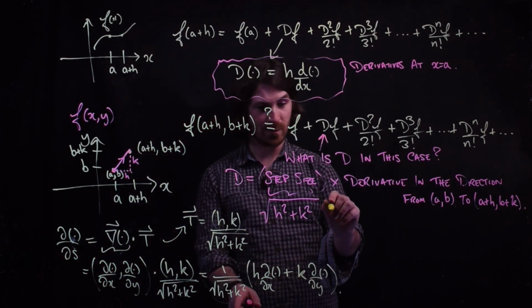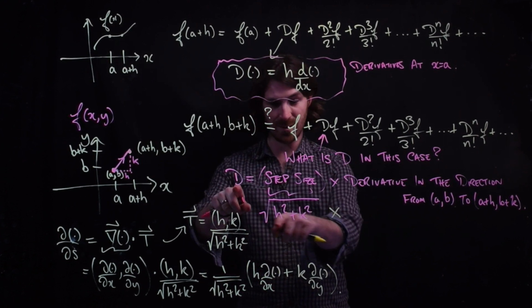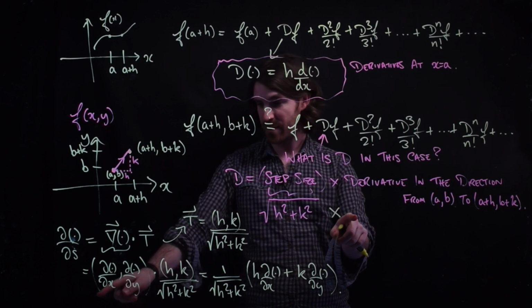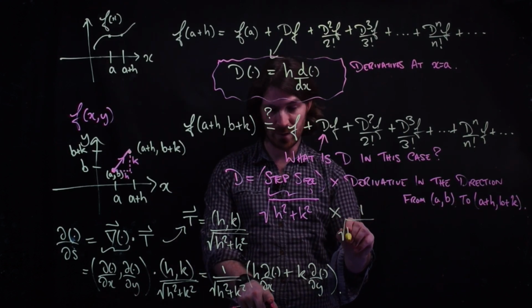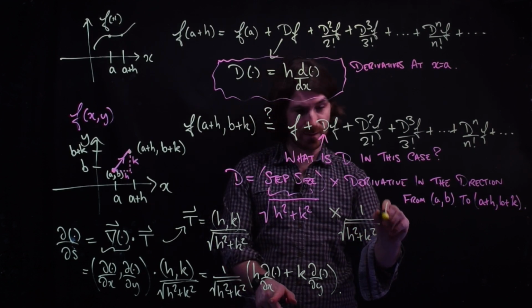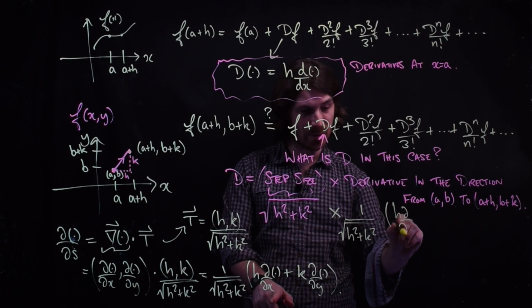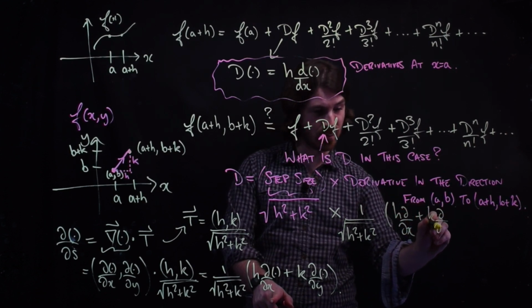Okay, so we multiply this, d, the step size, by the directional derivative, which is 1 over the square root of h squared plus k squared, and then h d by dx plus k d by dy.